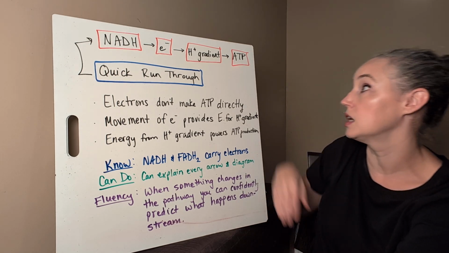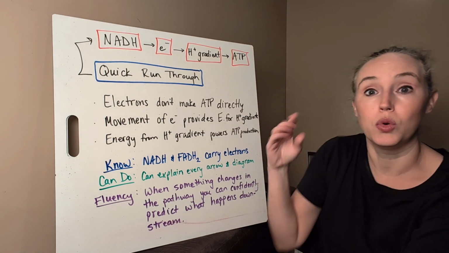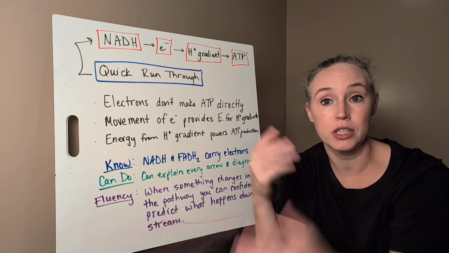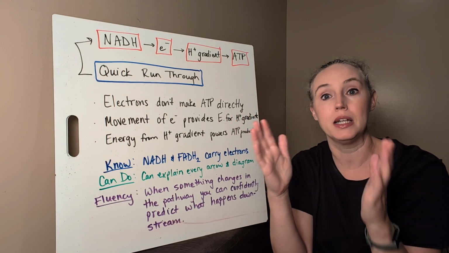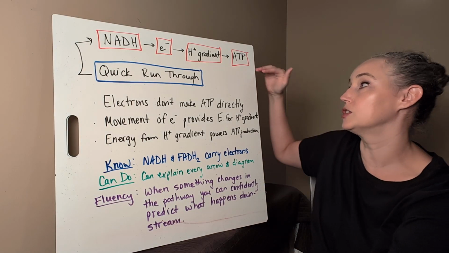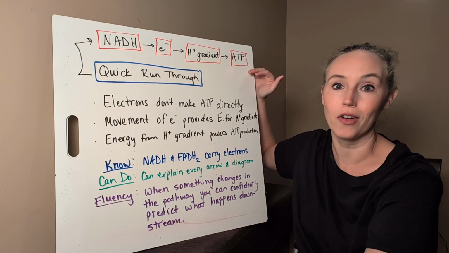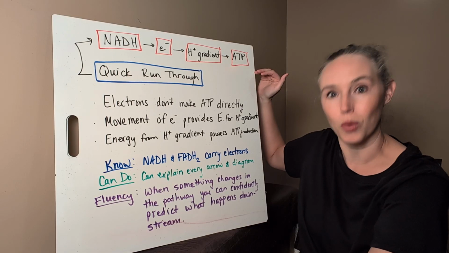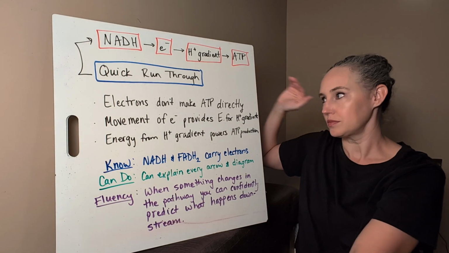That's chemiosmosis. And that kinetic energy is going to put ADP and phosphate together to make ATP, which is chemical energy, our final super cell power working currency.